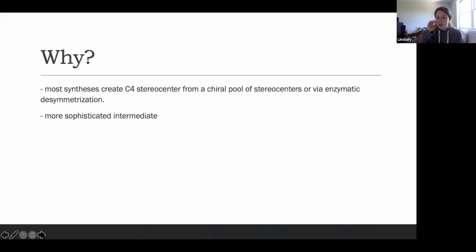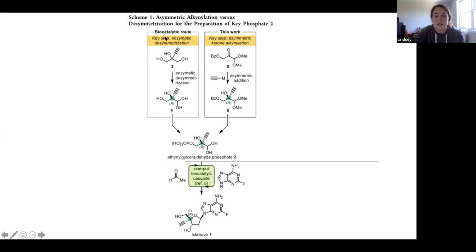So on the left here is the biocatalytic route that most syntheses use. The first step is the enzymatic desymmetrization. And just a note, compound 4, these two alcohol groups, is actually supposed to be an aldehyde.